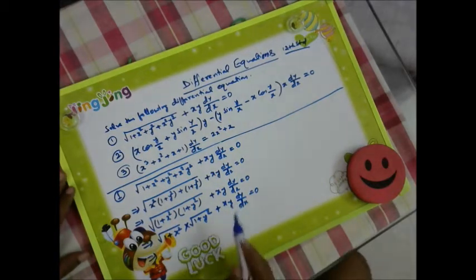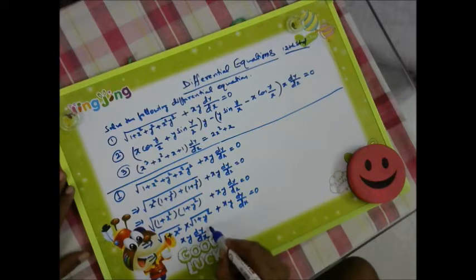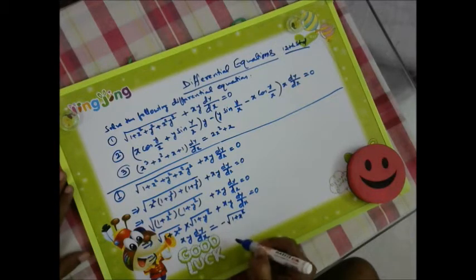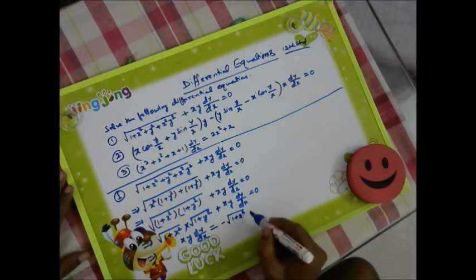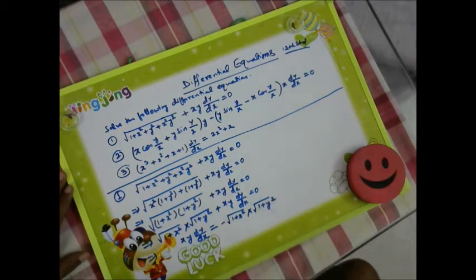So from here, xy dy by dx is equal to, taking it to the right hand side, minus root of 1 plus x square into root of 1 plus y square.